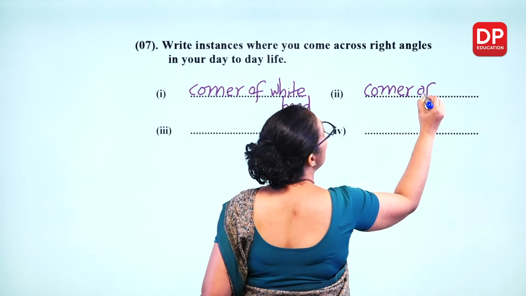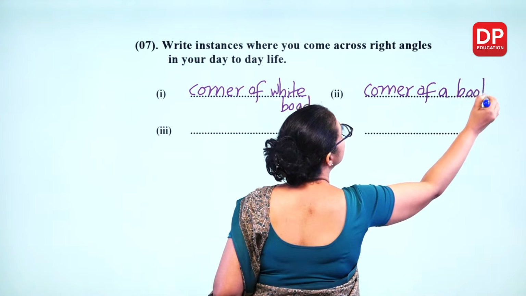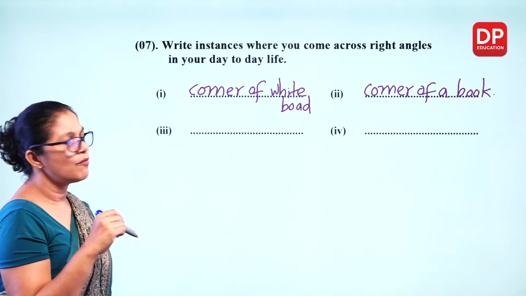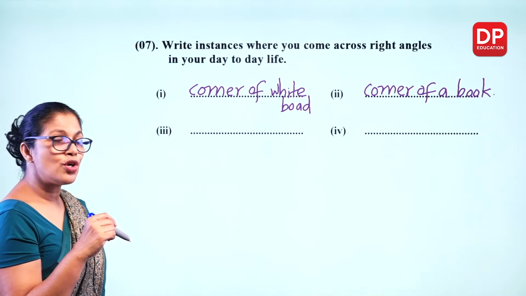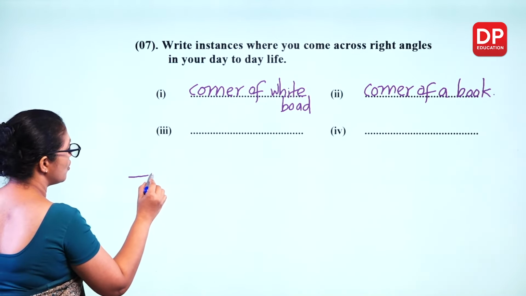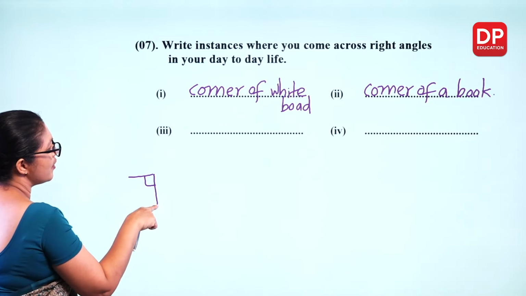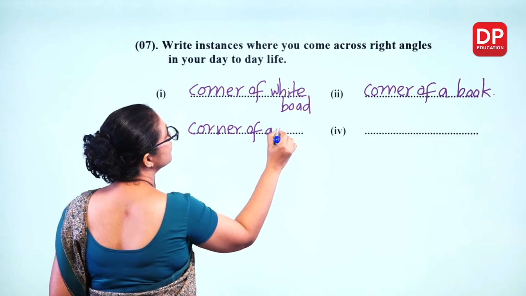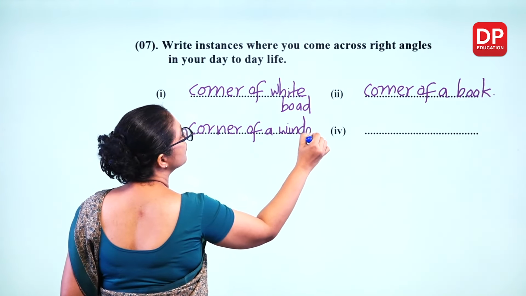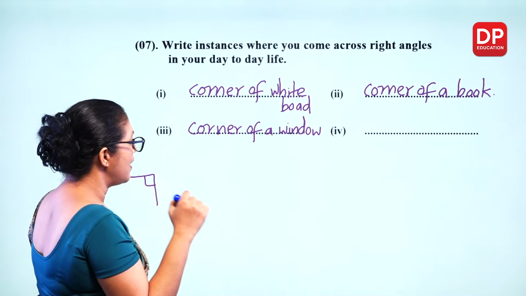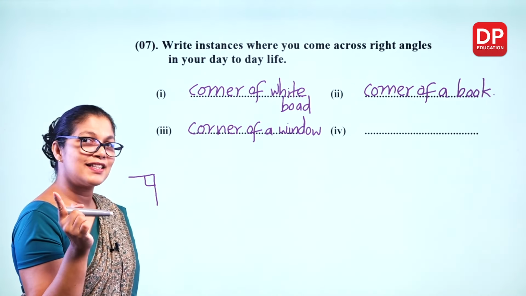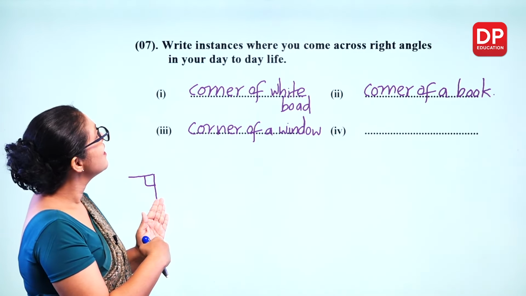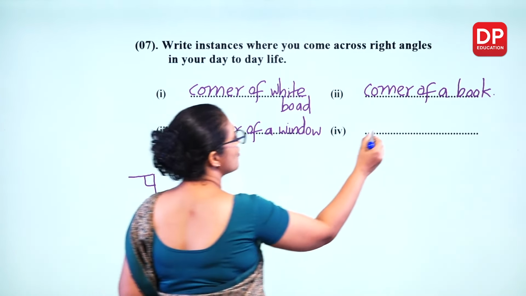Corner of a book. And what else? When you take windows, doors, you get corners. Corner of a window, corner of a door. And then in your geometry set, you get a set square. That's also a right angle. Set square.